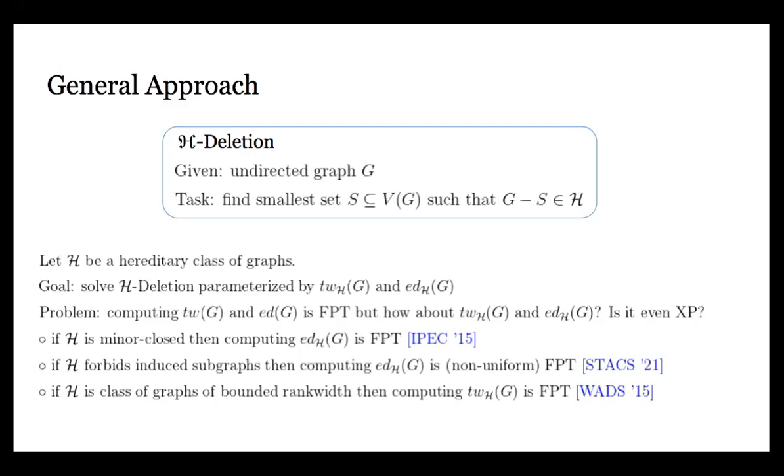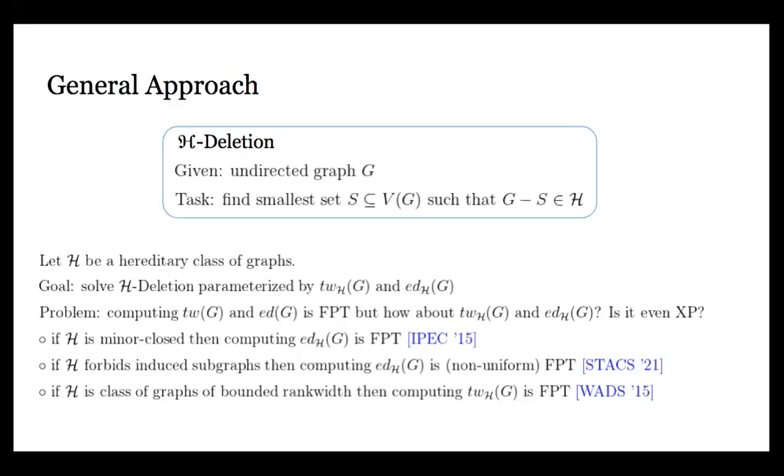So there are two issues with these results. First of all, they are quite separated: they apply to a particular family of classes, and it is not known if this generalizes.